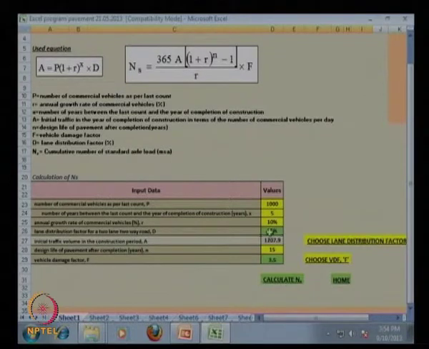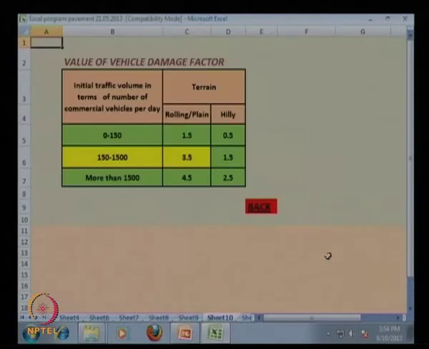That means D is 75%. Now you have to calculate the vehicle damage factor, that is F. This F can be chosen from this table.